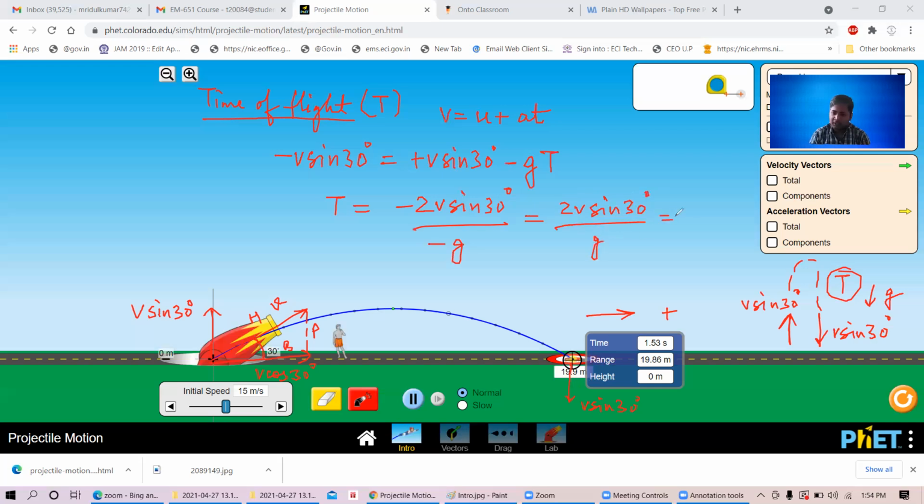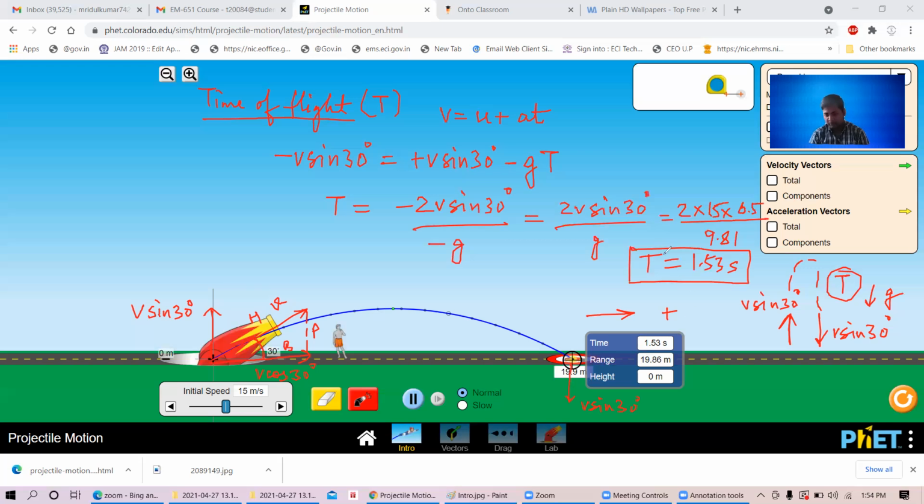If we calculate this, 2 into 15 times sine 30, that is 0.5, divided by 9.81, it comes out to be 1.53 seconds. So from here we can find that this formulation or analysis has validated what we got through this simulation or this experiment.